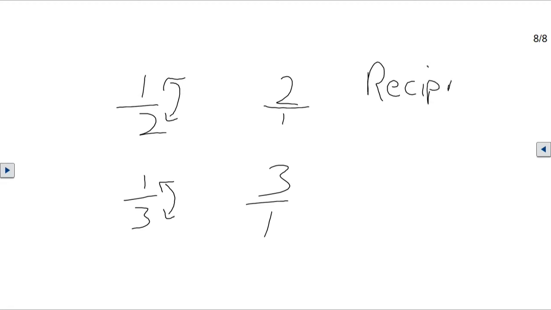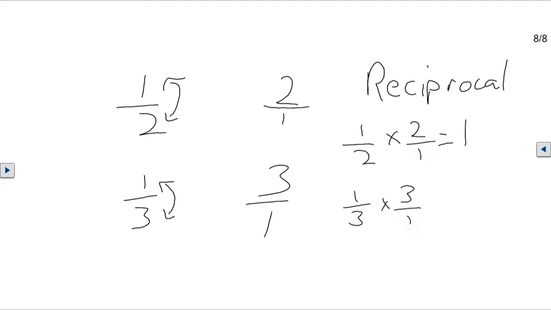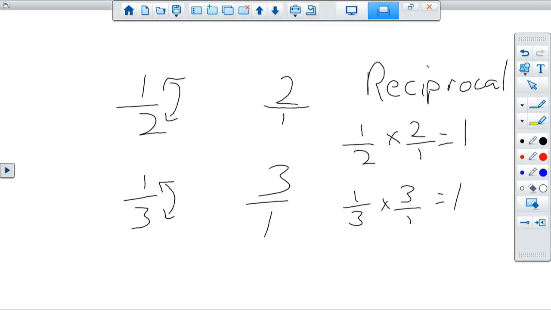There's a term for that, and that term is reciprocal. Mathematically, a reciprocal by definition is what you multiply a number by to get 1. 1/2 times 2 over 1 is equal to 1. 1/3 times 3 over 1 is equal to 1.